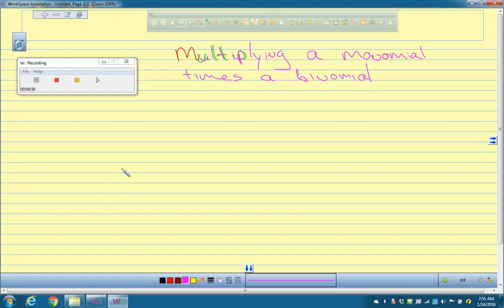So if you're multiplying a binomial times a monomial, for example, say I wanted to multiply 5x times 8x plus 10. Anyone know how to do that?